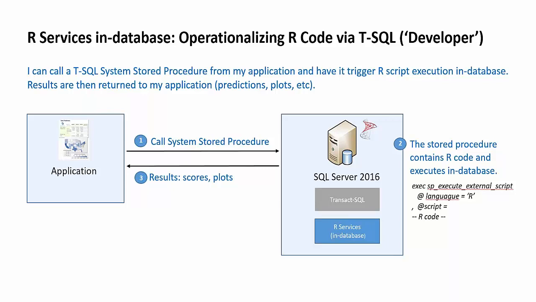And it can do whatever R can do, and you get results back, and the application just consumes it in whatever manner, right? The results can be data set, it can be images. I'll show you some examples of those. It can be any object which SQL Server can understand.